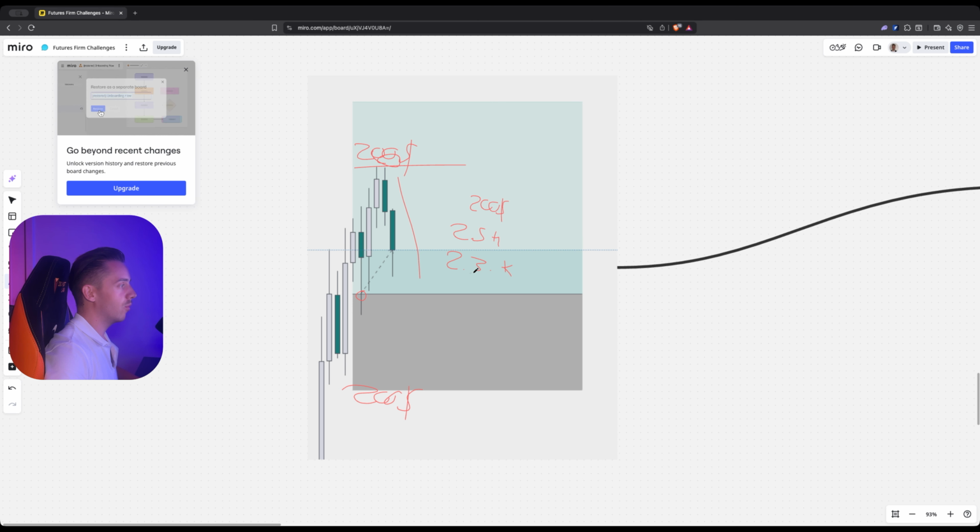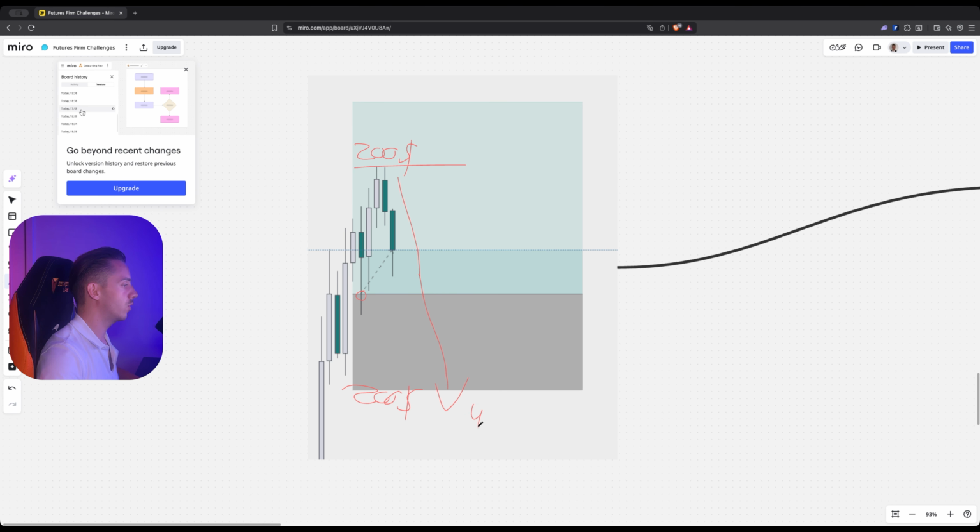But let's say even worse. Let's say that instead of you moving your stop to break even, you decided to let it go to the full stop loss. Your balance would show $49,800. So you would think this is a $200 loss. Wrong.